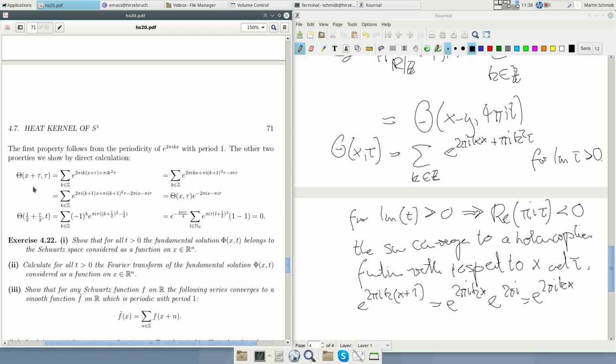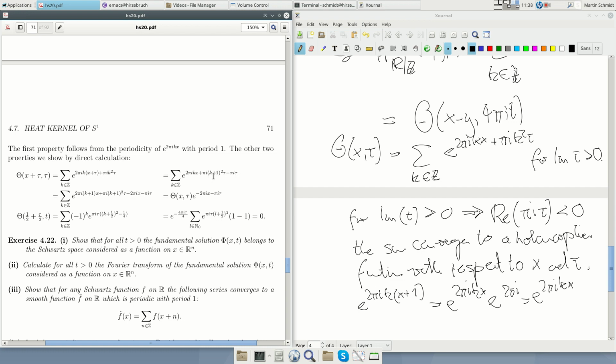Now we calculate the second property. Here we just insert the definition of this formula, and now we write this in this form. (k plus 1) squared, if we multiply this, then we get k squared plus 2k plus 1.